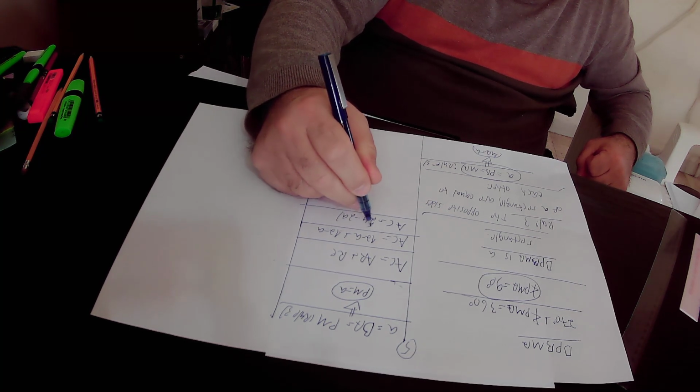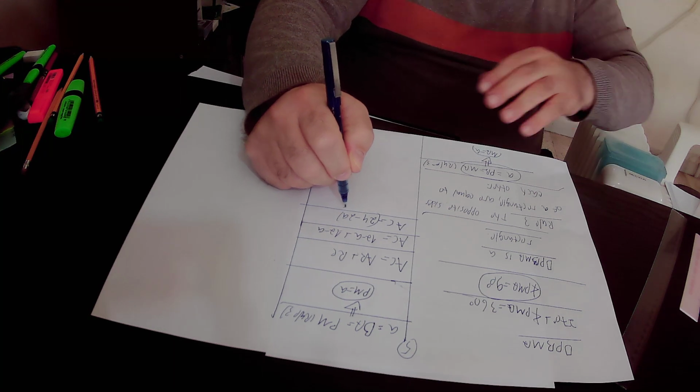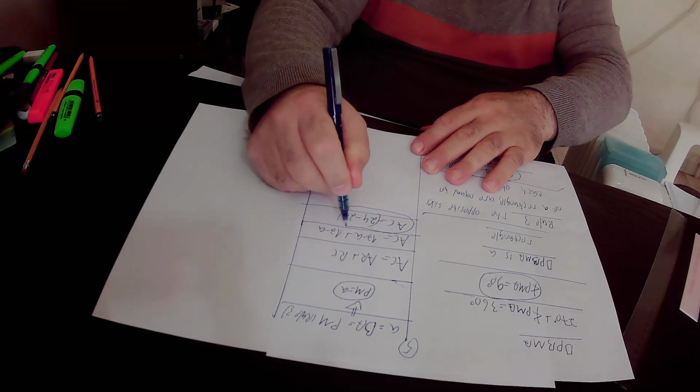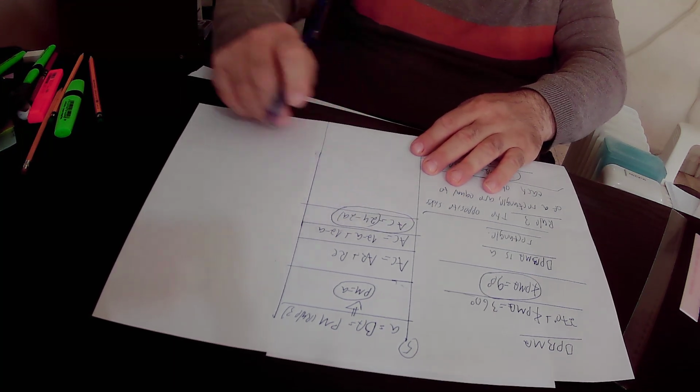So the length of diagonal AC is equal to 24 minus 2A.